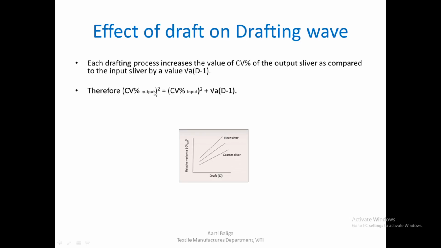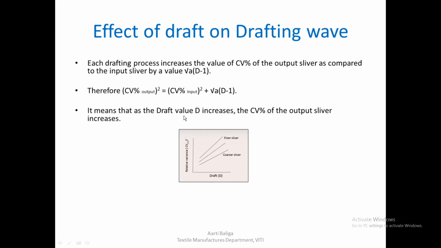So CV output square is equal to CV input square plus this factor which would be added with every drafting system that you add into the process. So CV input, whatever CV it would originally have, plus this is the CV that is introduced due to the drafting system. When you add both up, you will get the CV of the output sliver.